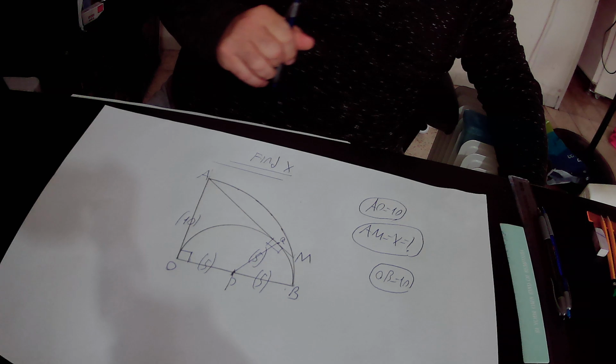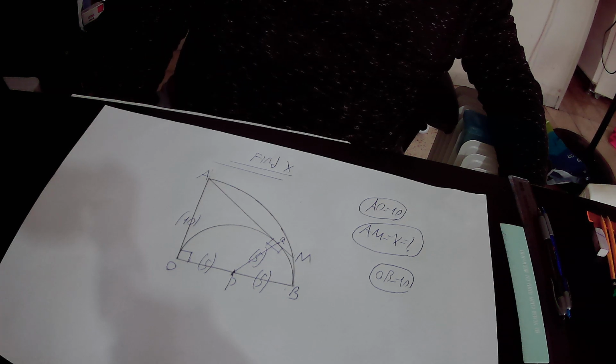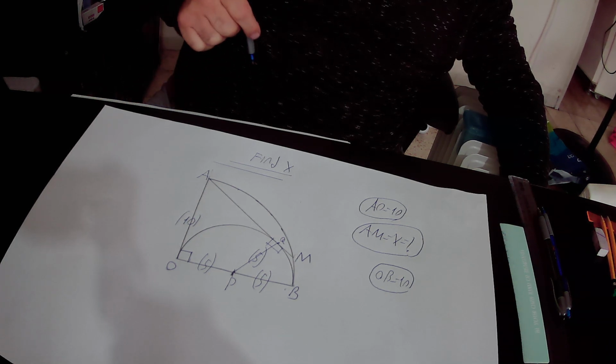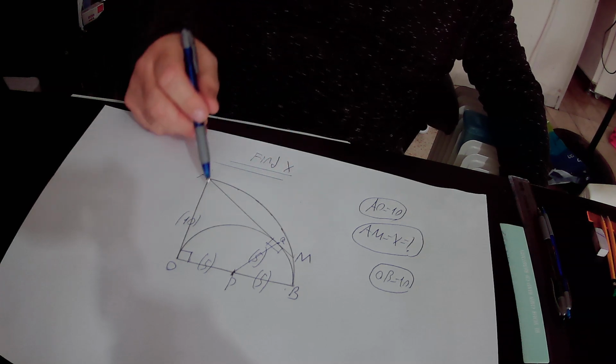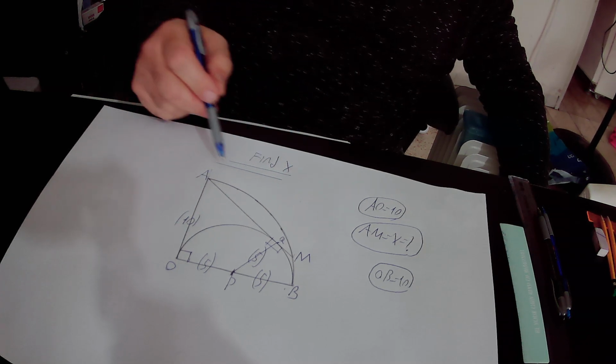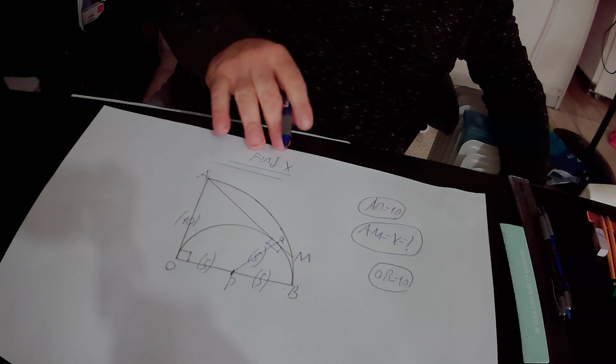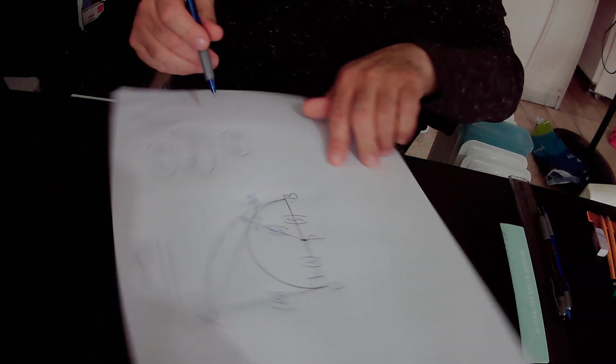And according to rule number 2, the lengths of two tangents from a common exterior point to a circle are equal. We get that AO equals AQ. But we know that AO equals 10 units, therefore AQ must also be equal to 10 units because they are equal to each other.